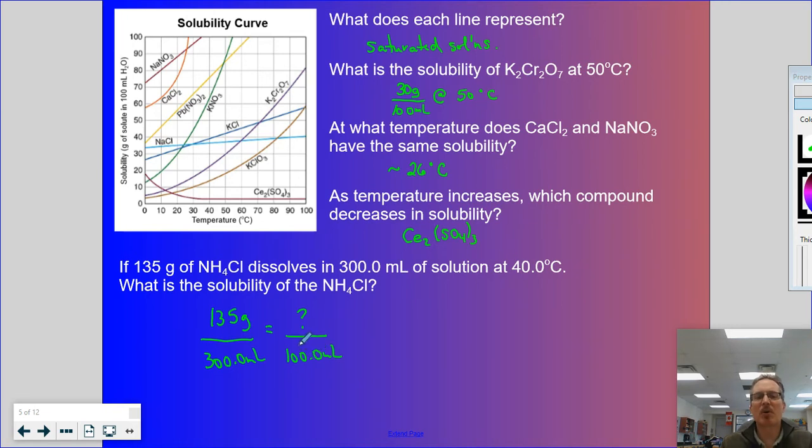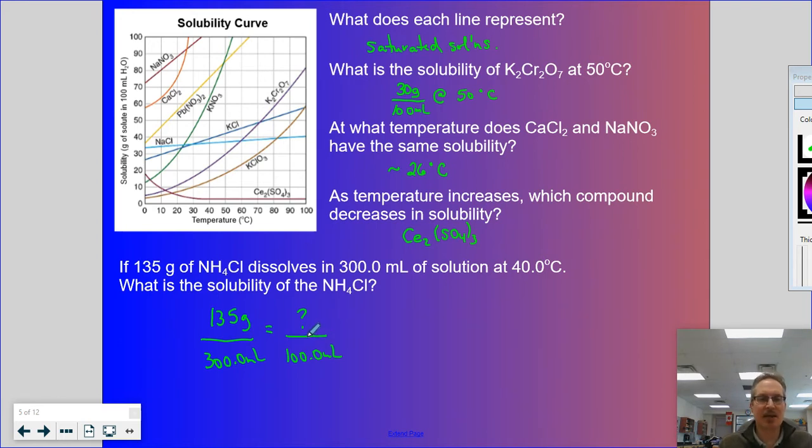So there's a number of ways we can do this. We can cross multiply 135 times 100 divided by 300. Or if it's easy, we can look and go, okay, how do I turn this number into this one? Well, 300 divided by 3 is 100. So 135 divided by 3 is what? Again, cross multiply, look to see if there's some connection from these ratios. Either way is going to work.